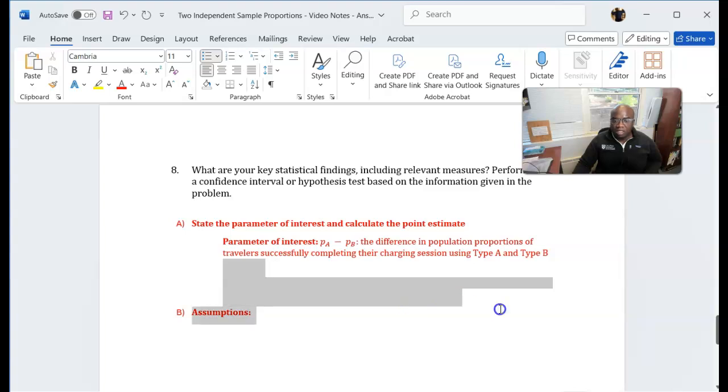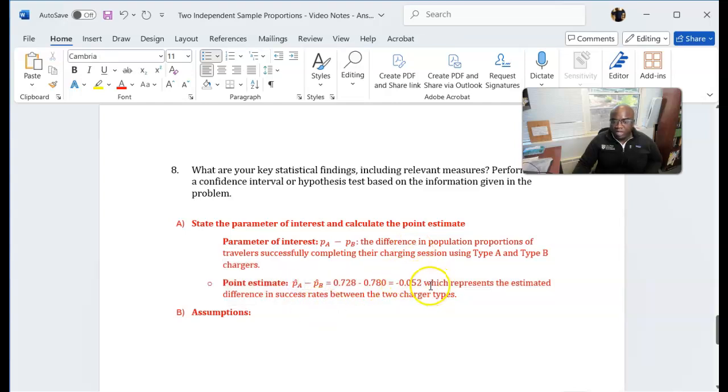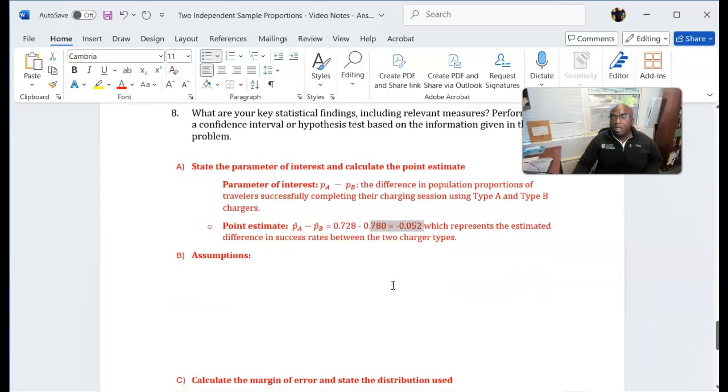That would be our actual point estimate. And we calculate it by looking at the difference between A and B. And again, order doesn't matter here.